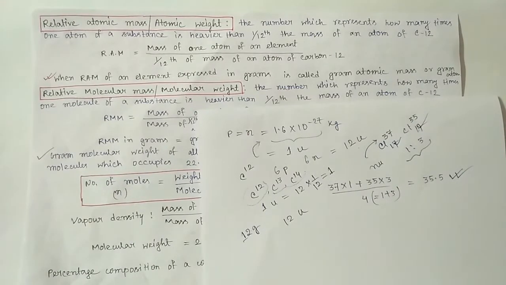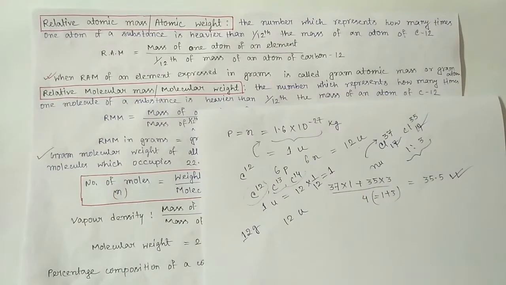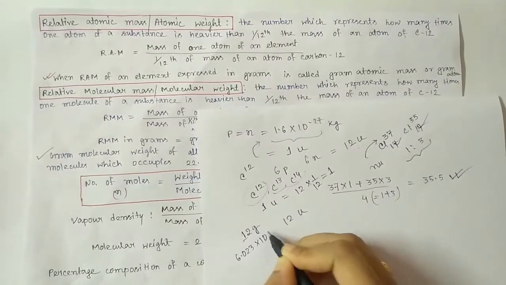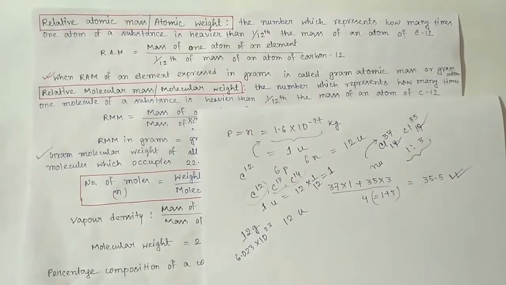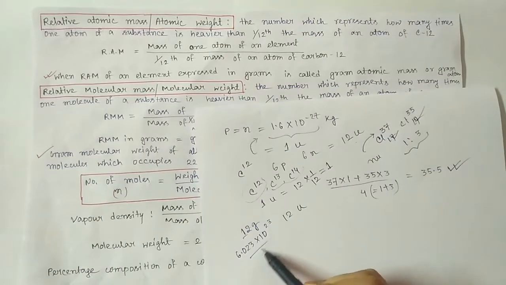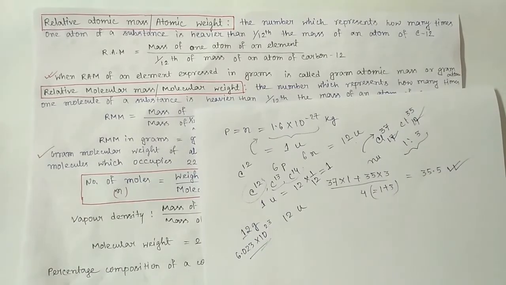And experimentally it has been found that 12 gram of C12 has 6.023 into 10 to the power 23 number of molecules. And as we are using this C12 isotope everywhere to determine relative atomic mass, atomic weight and molecular weight, I can say that this number we can take as a reference, and this will be 1 mole.